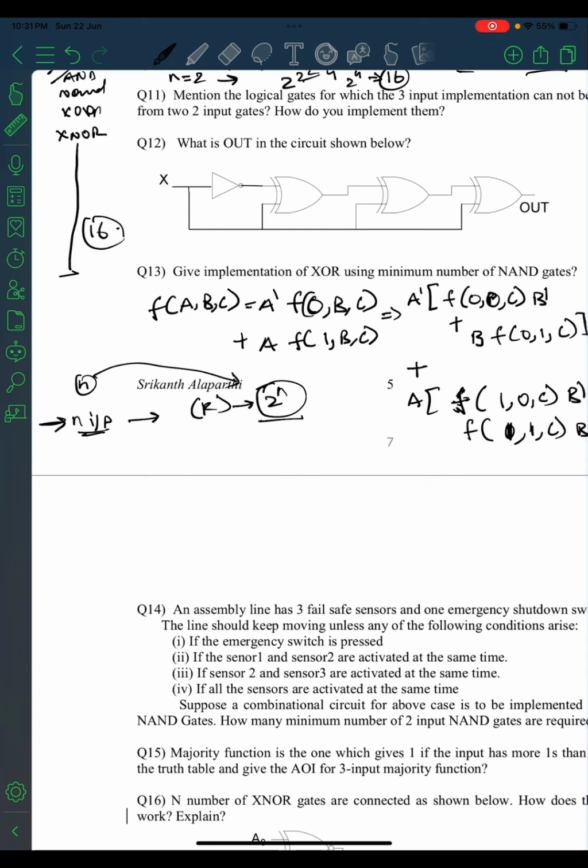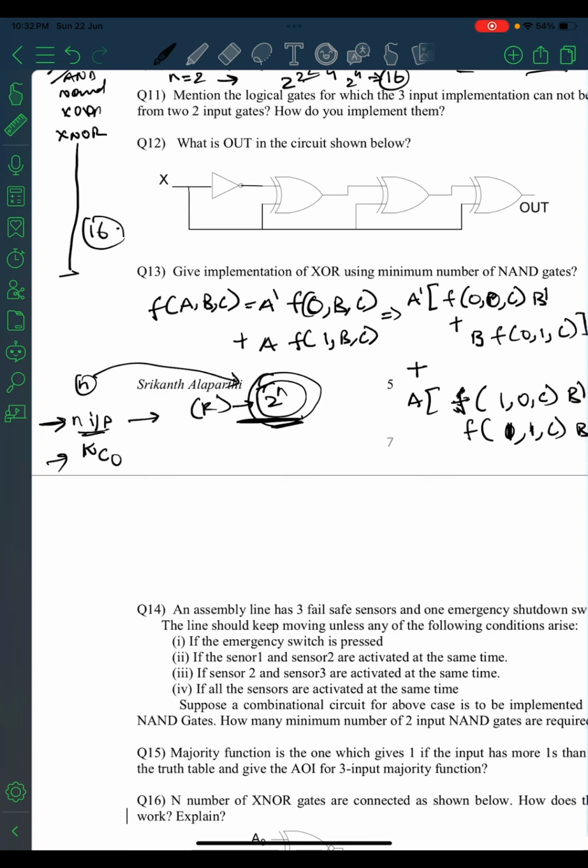There are these many minterms, right? So with these 2 to the power of n minterms, many types of combinations are possible for each and every minterm. And so we can represent this with the permutation combination kC0.